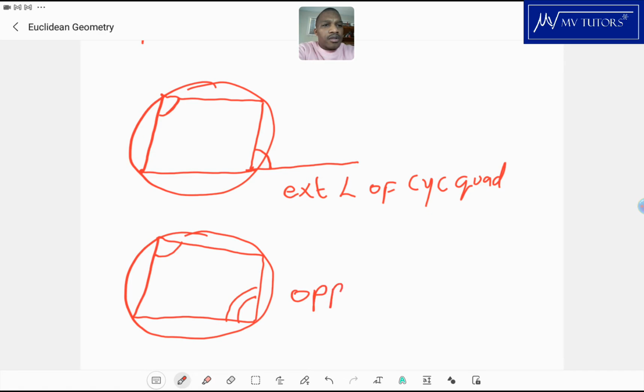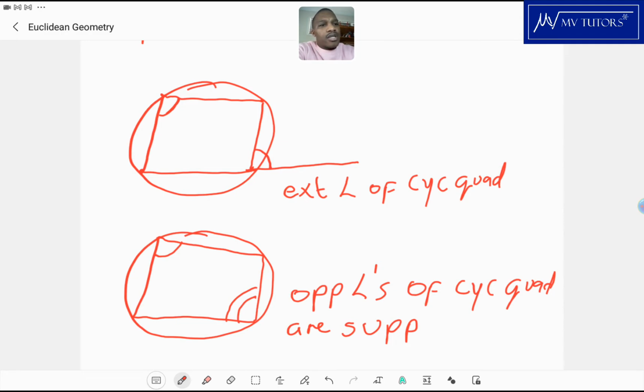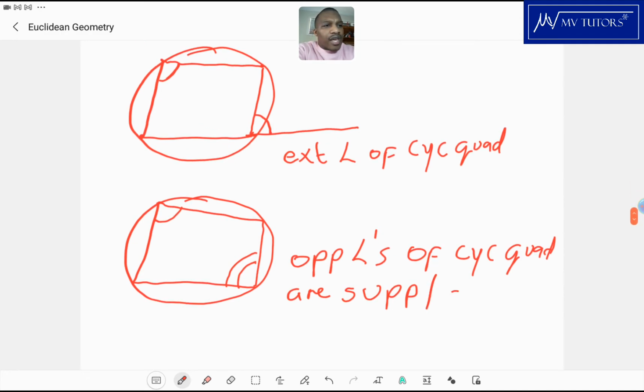So opposite angles of cyclic quad are supplementary. What does supplementary mean? It means they add up to 180. So if one angle was 80 degrees, then the other one is 100 degrees. That's it. Remember that.